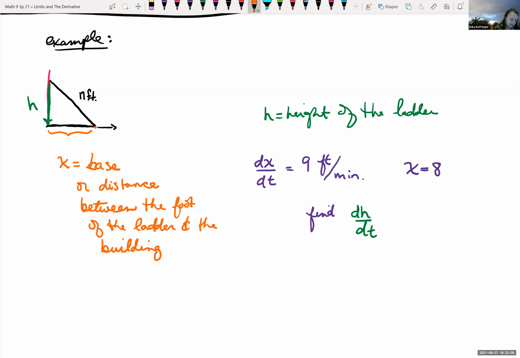And so this was x in here. By the Pythagorean theorem, we know that h squared, not our hypotenuse, I just called this h for height, plus the base squared, x squared, is equal to the hypotenuse squared, in our case, 17 squared.